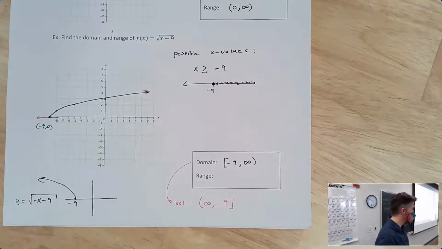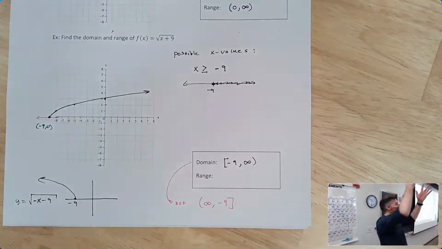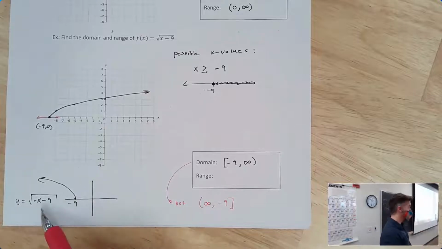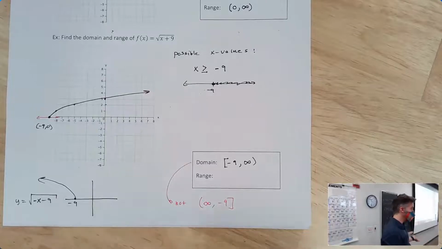If that was our function instead, which is reflected and shifted 9 to the left, or I suppose I said it shifted 9 to the right first and then reflected over. So it looks like that. Honestly, the way I came up with this is I thought about what the domain needed to be, and I know that if x is -9, it works, because negative -9 is 9, and 9 minus 9 is 0. And if x is more negative, like -10, negative -10 is 10, 10 minus 9 is 1. Oh, we're safe. I can take the square root of 1.